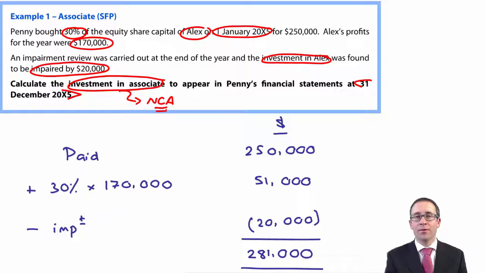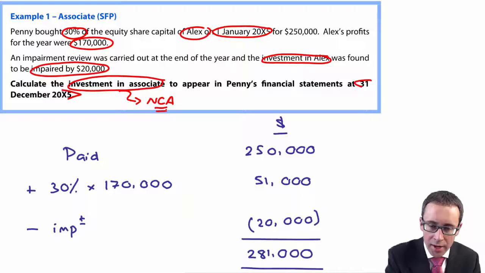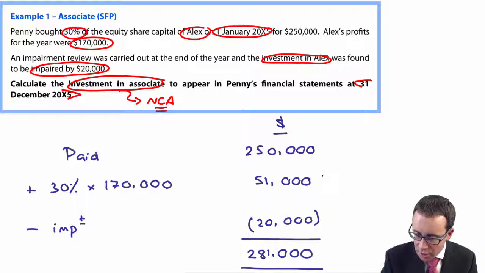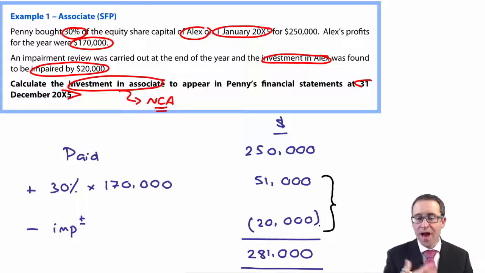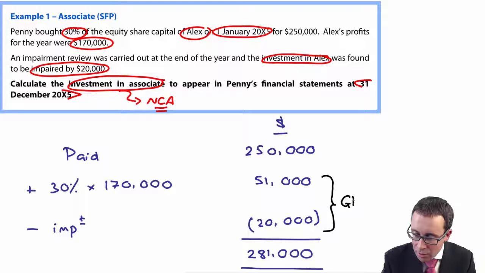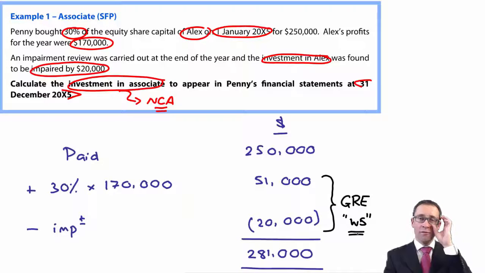Based on that calculation, another bit to concern yourselves with is that if we've added our share of the profits to the asset and deducted the impairment, we will also need to include those figures in your group retained earnings on the SFP, which is working 5.